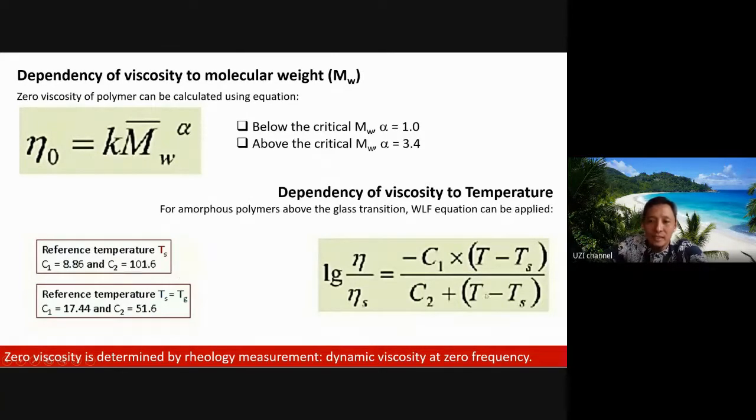But for Ts equal to the glass transition temperature, C1 becomes 17.44 and C2 51.6. And the zero viscosity is determined by rheology measurement, by dynamic viscosity at zero frequency.